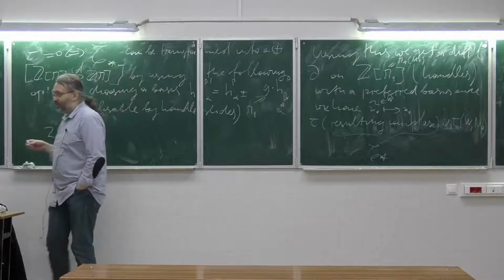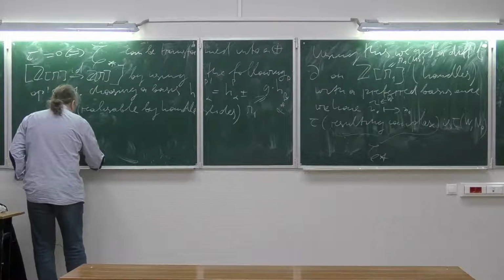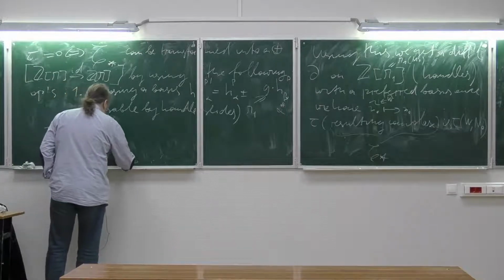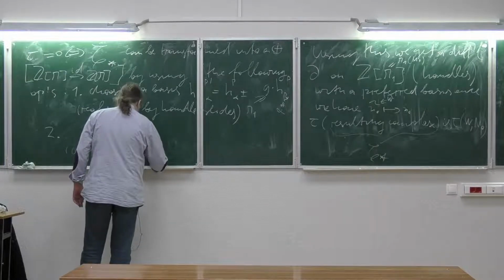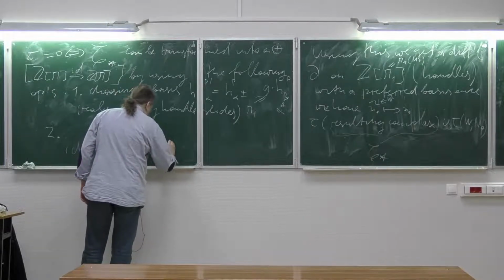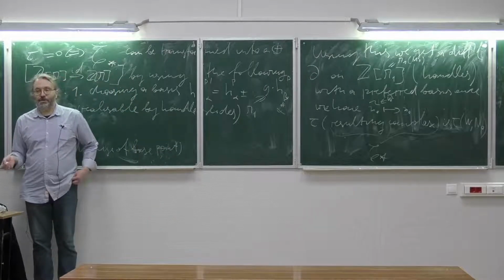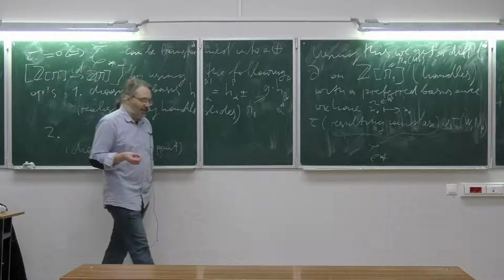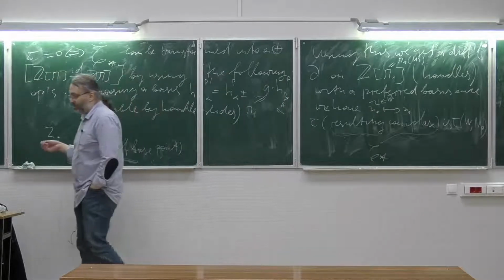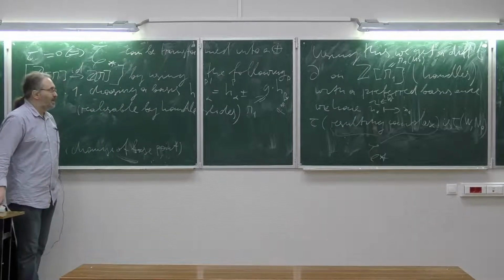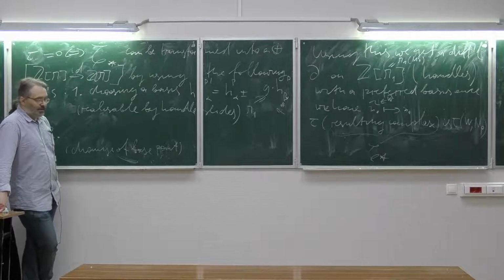Now let's see what happens when we change the base point. What happens on the level of chain complexes?